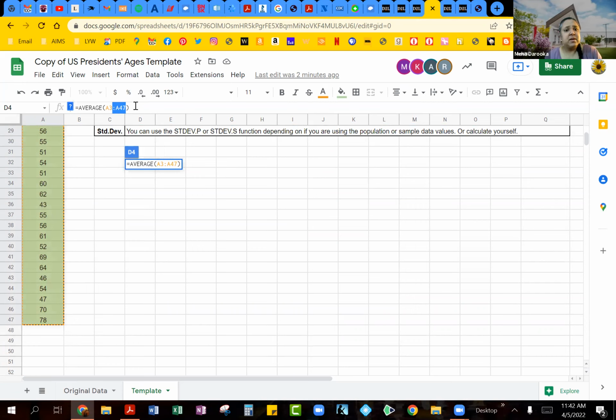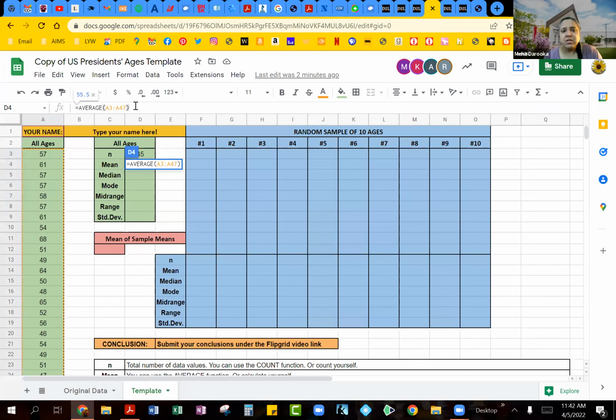I'm actually going to copy this so I don't have to keep selecting my cell. Once you put that in, hit enter. The average age for all of the presidents we've had is 55.5. And of course, we're not including the second time Grover Cleveland became president. We're just using his first age.